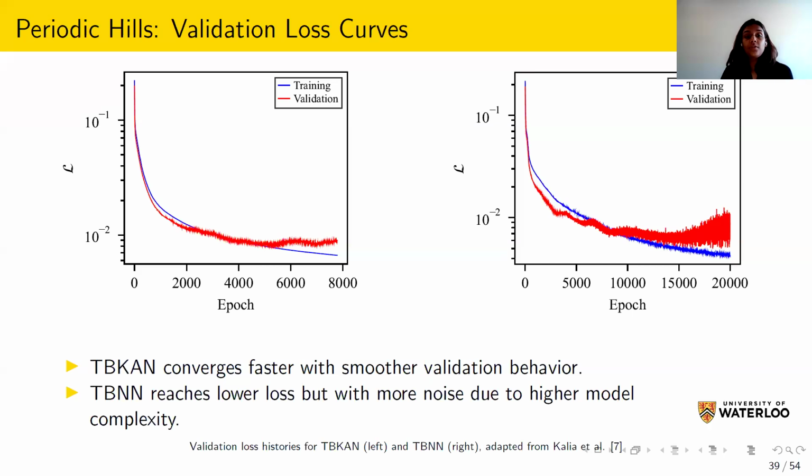Just quickly going over the validation losses. TB-CAN does converge a bit faster; it needs fewer epochs. TBNN does reach a lower loss, but it becomes noisier towards the end due to higher model complexity.